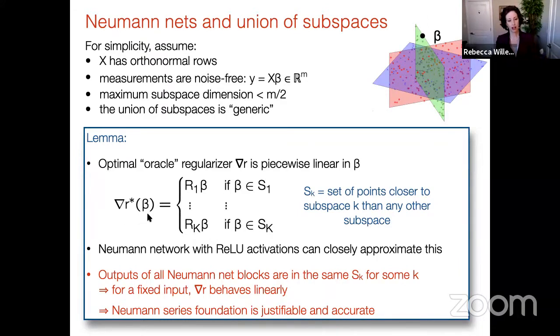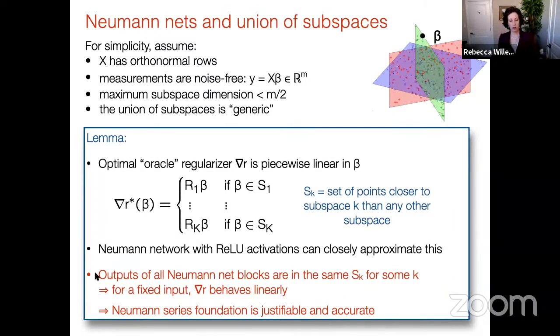So the regularizer gradient that we're searching for and trying to represent with our Neumann network should be piecewise linear. And if we were to build a Neumann network with ReLU activations, we're going to be able to closely approximate this piecewise linear structure.